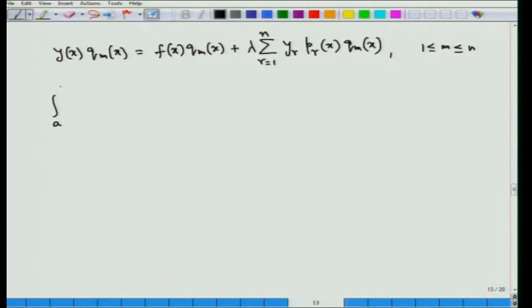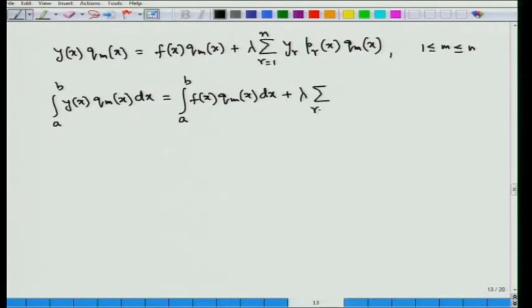We get integral a to b y(x) q_m(x) dx = integral a to b f(x) q_m(x) dx + lambda sigma r running from 1 to n y_r integral a to b p_r(x) q_m(x) dx.